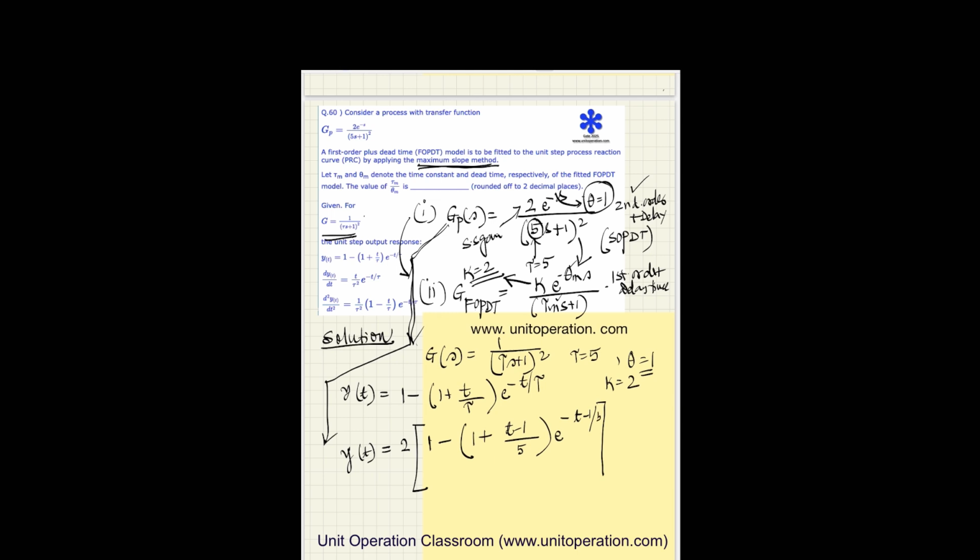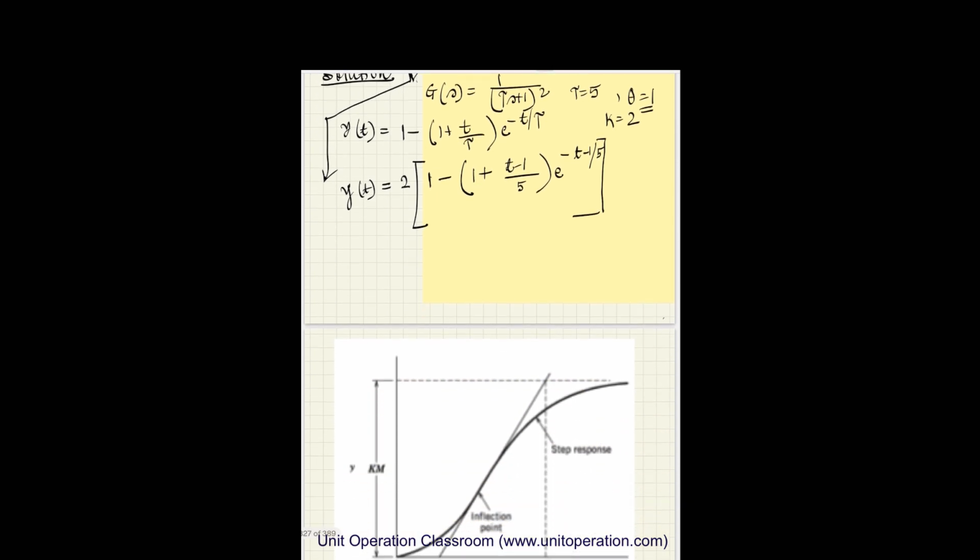That is how it describes the process reaction curve. So that equation is y(t) of the FOPDT model.